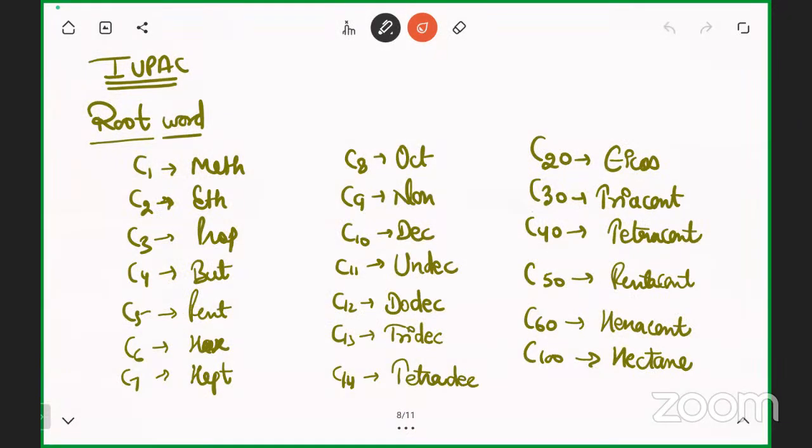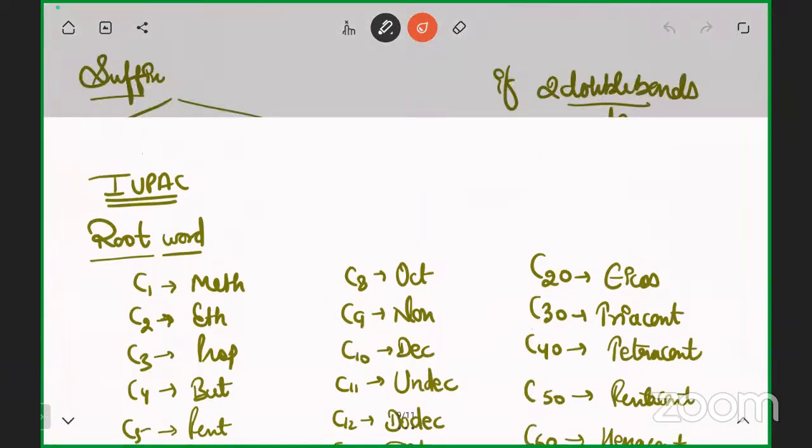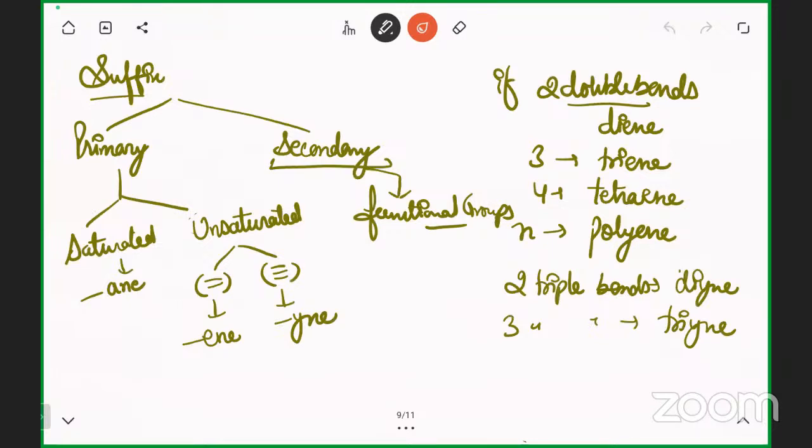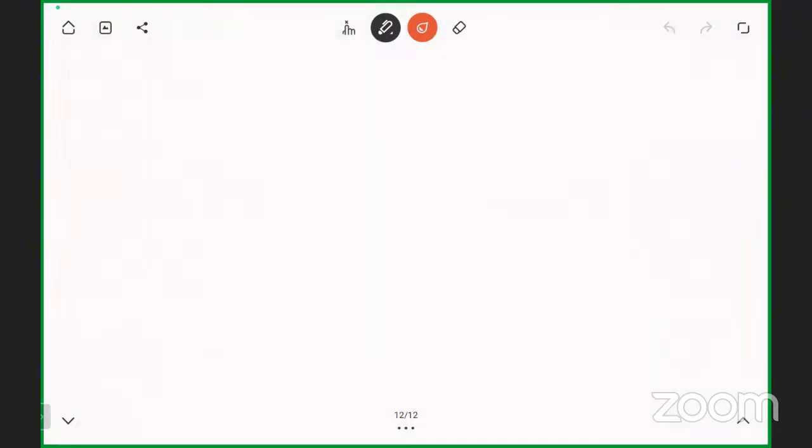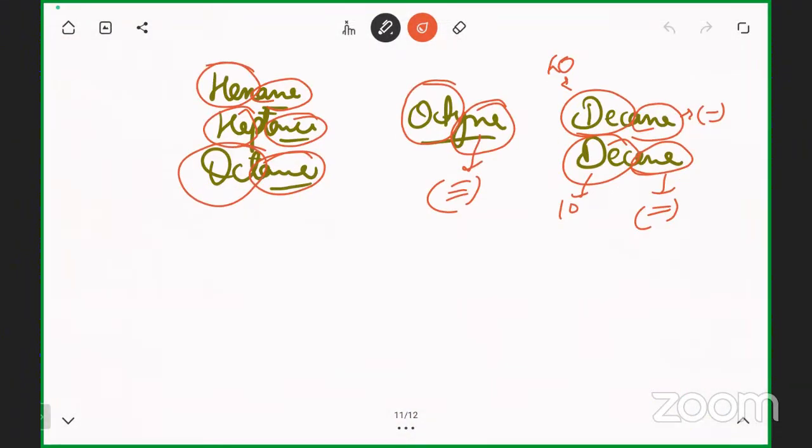Then we went to the IUPAC root words. Then we went to the suffix, primary suffix and secondary suffix. The primary suffix classifies saturation and unsaturation. The secondary suffix represents the functional group. Then we took examples of primary and secondary suffix with the root word. Okay, so till now, if you have any problem, just ask me. And if this is clear, then let me know.